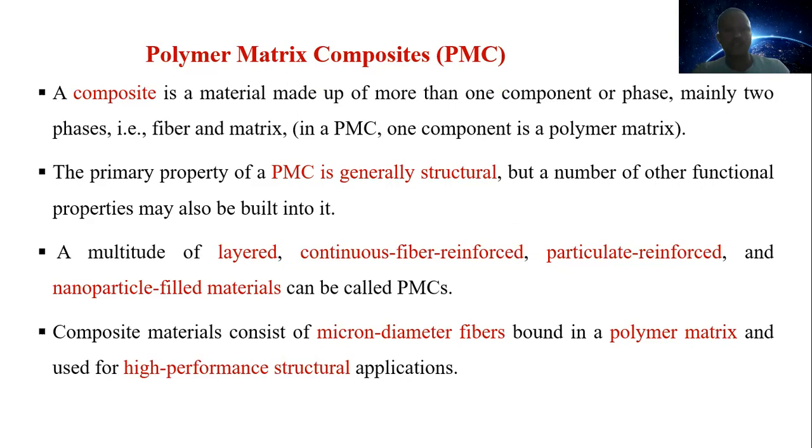Composite materials consist of micron diameter fibers. Actually, the fibers are very small, micron in size. Most considerable sizes of fibers are about 6 micrometer, 8 micrometer or 10 micrometer maximum, as stated by many researchers, which are very good for high performance material applications. We do not need a bigger size of wire.